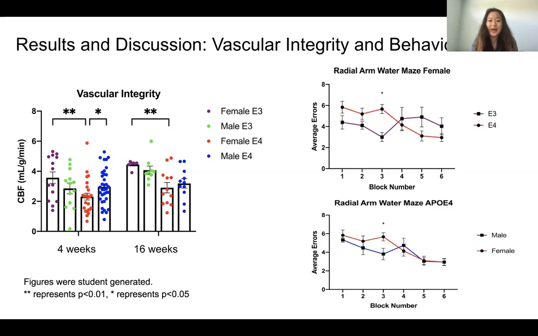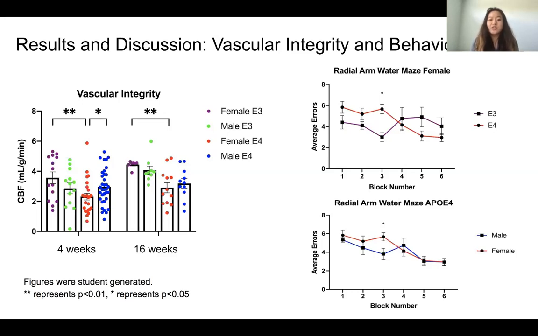We see a similar pattern in that these ApoE4 mice have significantly worse performance. In both graphs, they have larger numbers of errors compared to the respective male mice or the ApoE3 mice. What's really important is that this is happening in the third block. The way the radial arm water maze works is that the 6 blocks are conducted over 2 days.